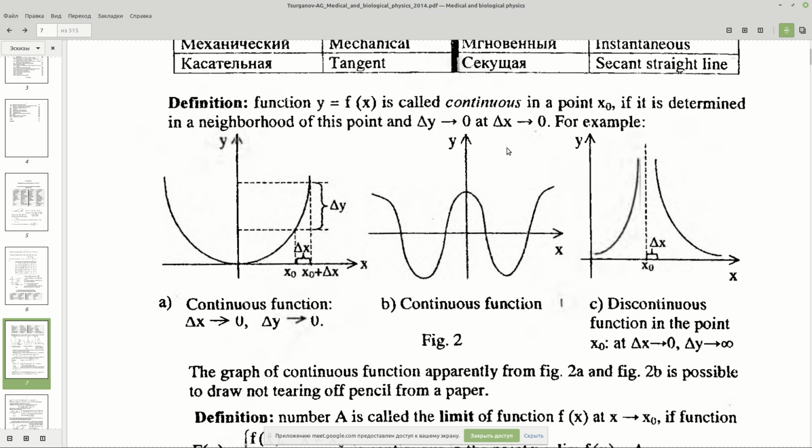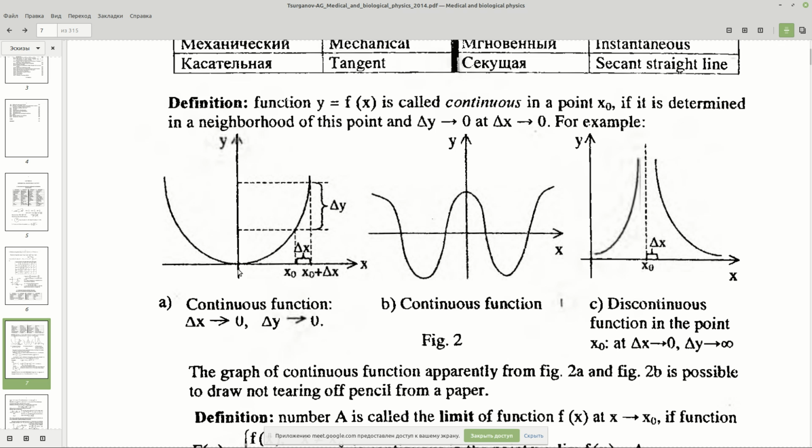So for a continuous function, delta x goes to 0, and delta y is also going to 0.